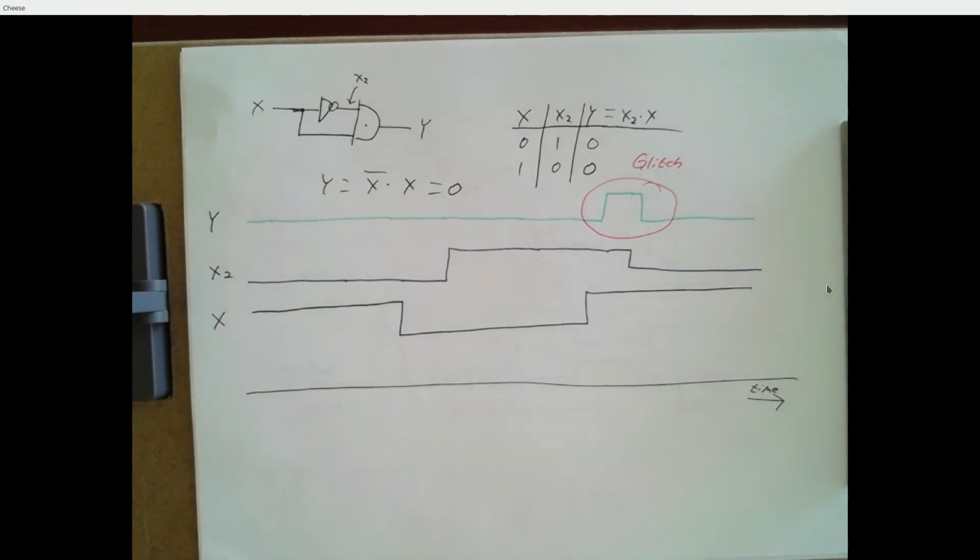And a glitch is an unexpected, unwanted change in an output value. Something that, according to the logical design, should not be there. But because of these real-world properties, these delays, we get this value that shouldn't appear, but it does.